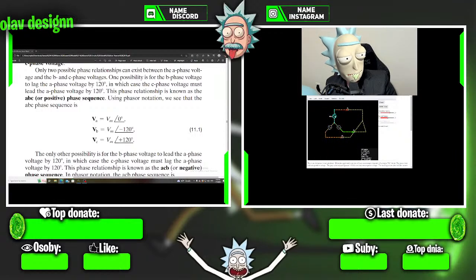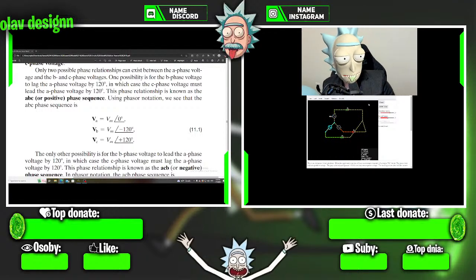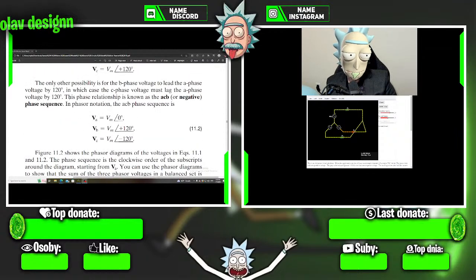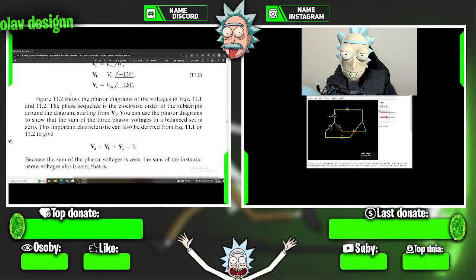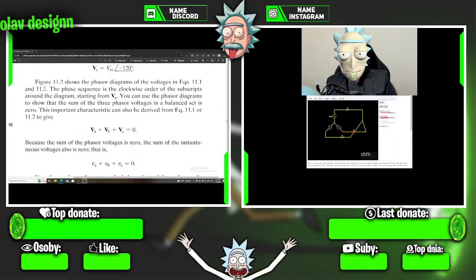So the high point circulates in a clockwise manner, and that's the reason why we call this a positive phase sequence. Negative would be the opposite: it would go counterclockwise. That's what makes it negative.